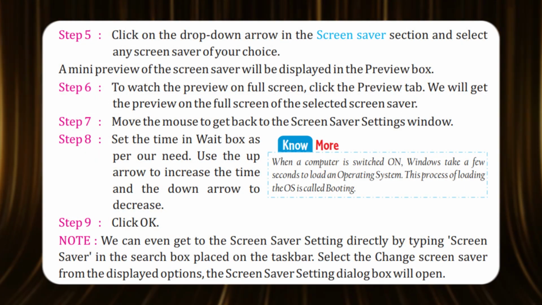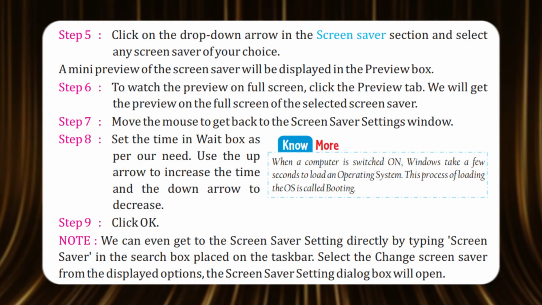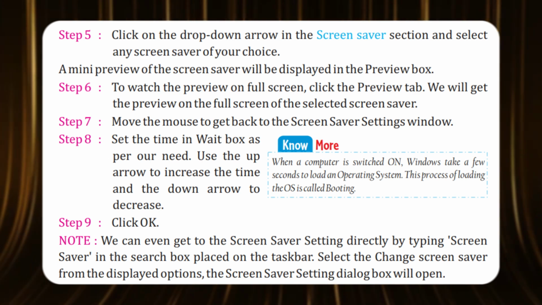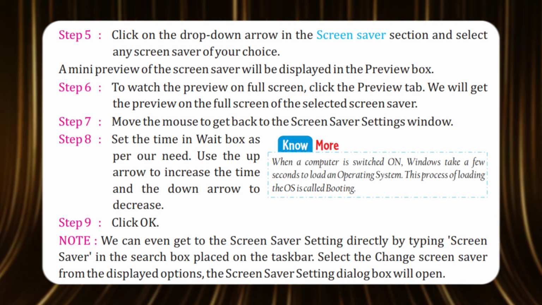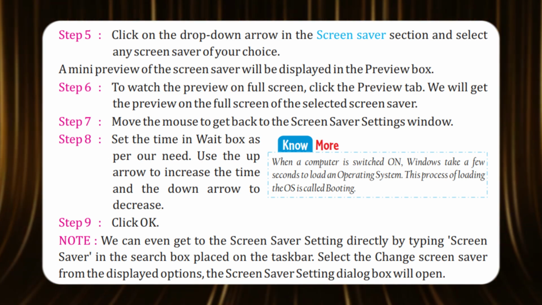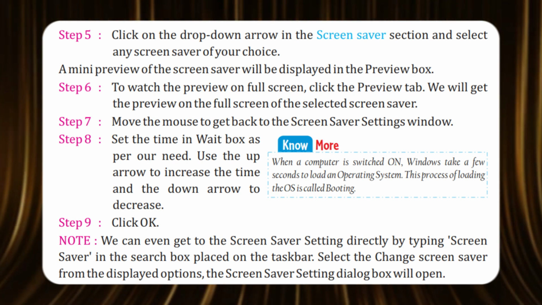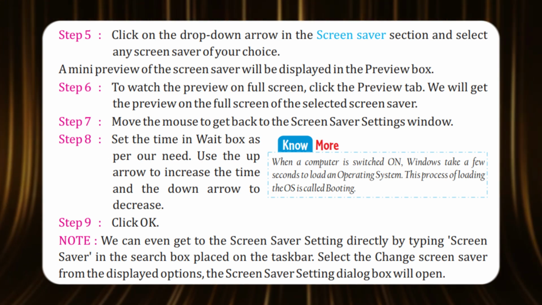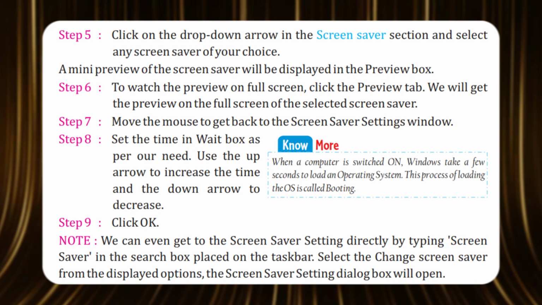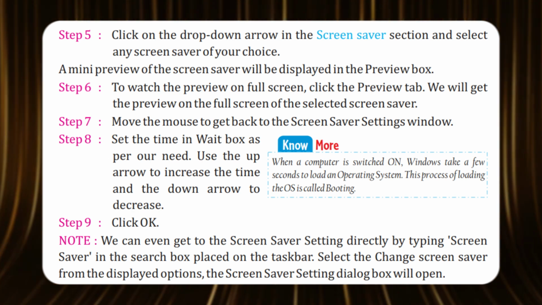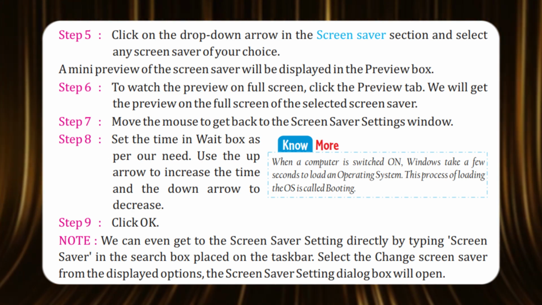Step 5. Click on the drop-down arrow in the Screensaver section and select any screensaver of your choice. A mini preview of the screensaver will be displayed in the preview box. Step 6. To watch the preview on full screen, click the Preview tab.